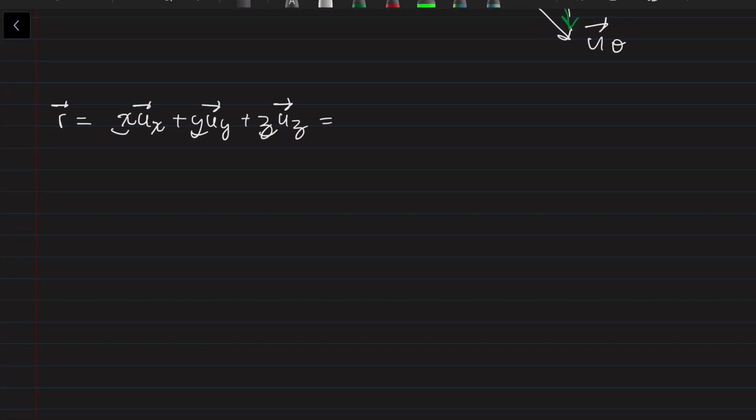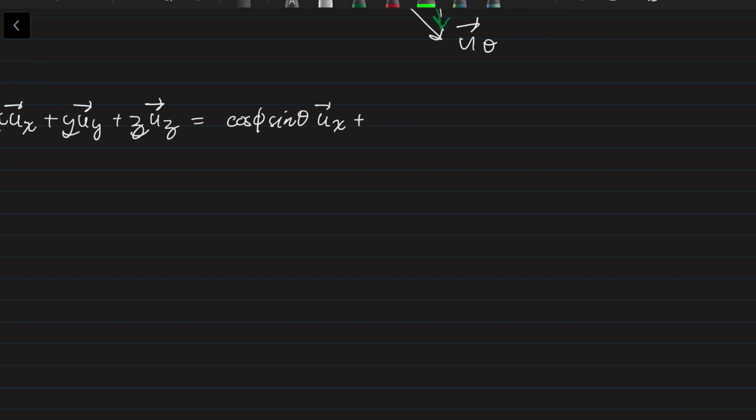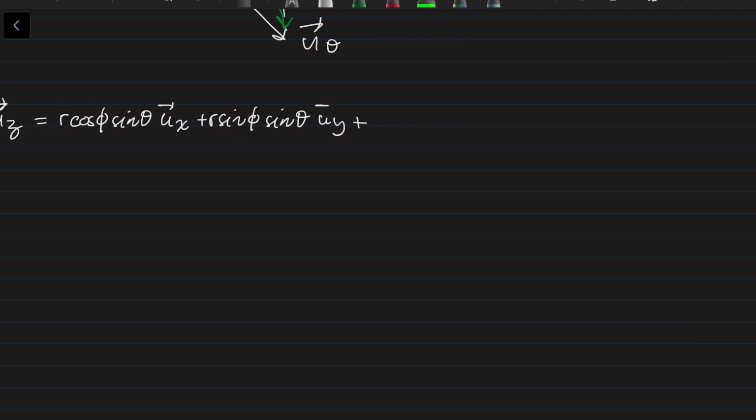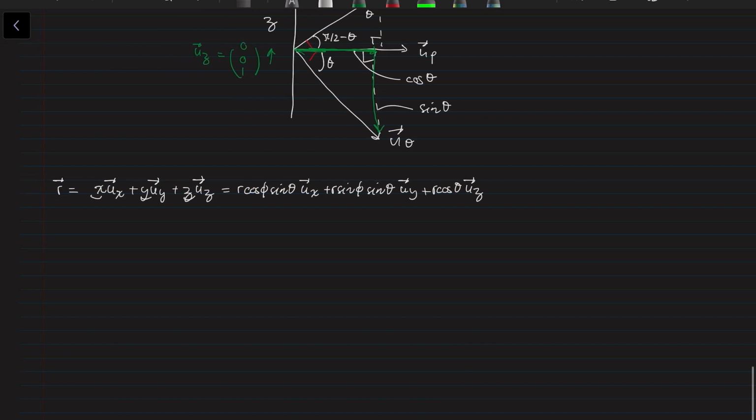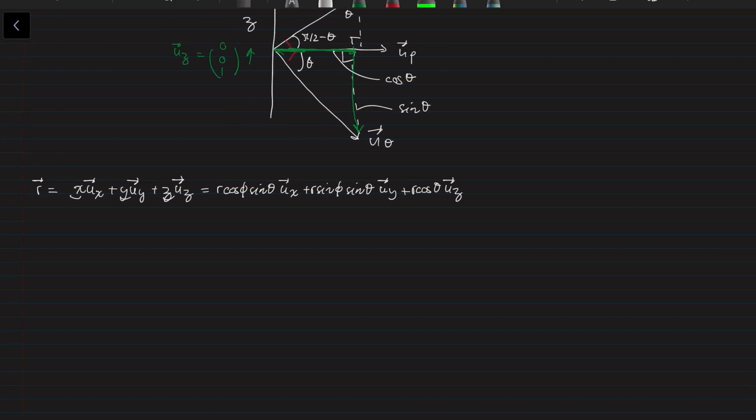So it's equal to r cosine phi sine theta ux plus r sine phi sine theta uy, sorry, there should be an r over there, plus r cosine theta uz. Okay, so this is my position vector in spherical coordinates.